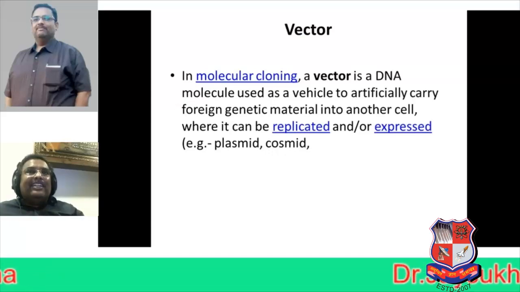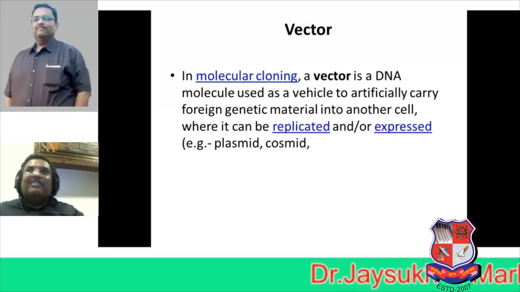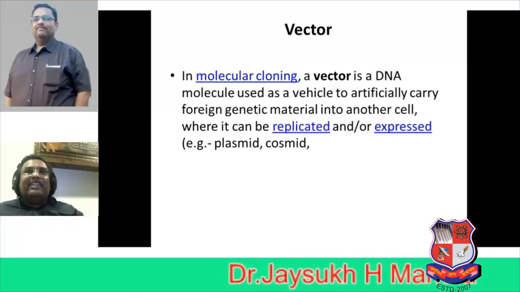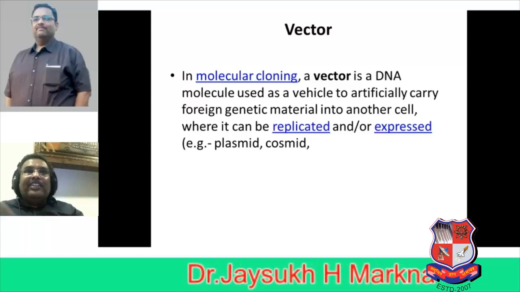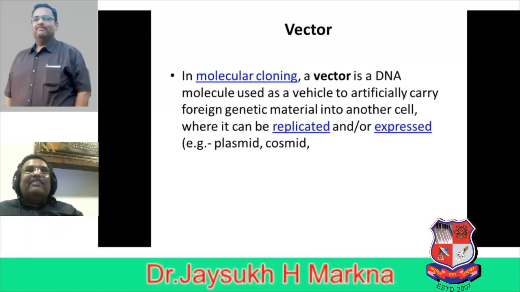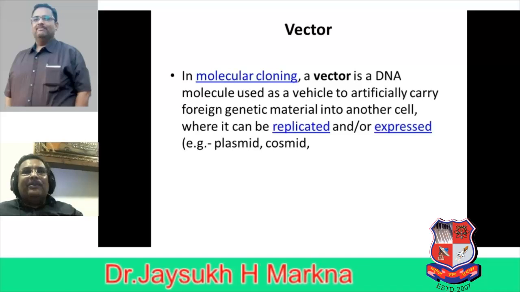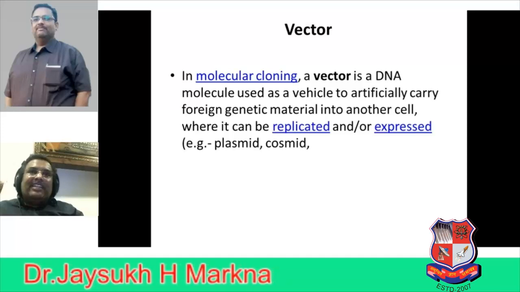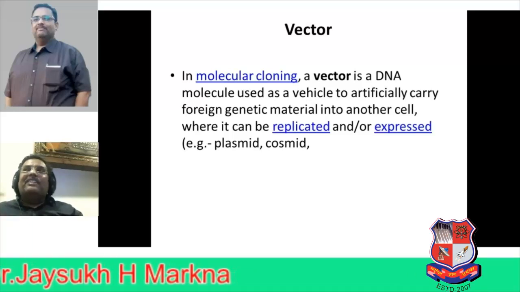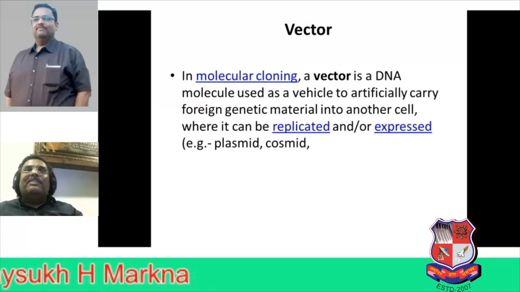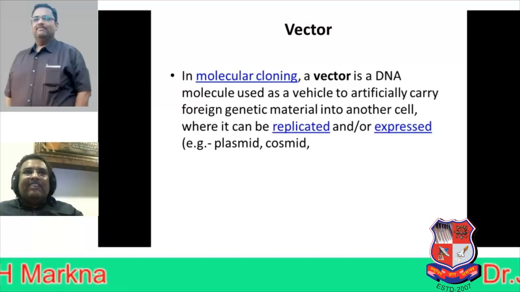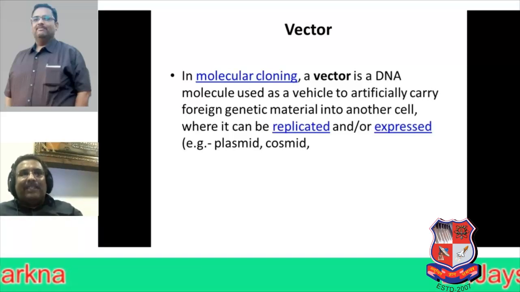Now vector, I already said that it is very similar to a virus, but from a definition point of view, in molecular cloning, a vector is a DNA molecule used as a vehicle to artificially carry foreign genetic material into another cell, and in that way you can repair that particular DNA, and once again it expresses, and using that expression it becomes possible to cure the disease, where it can be replicated or expressed.